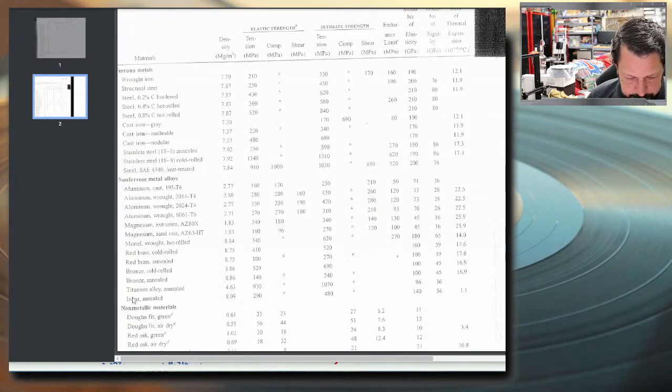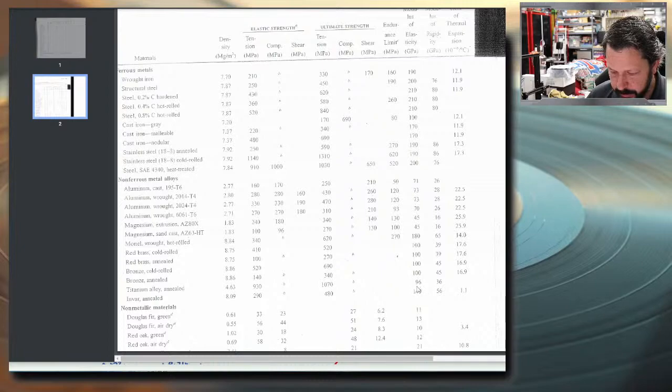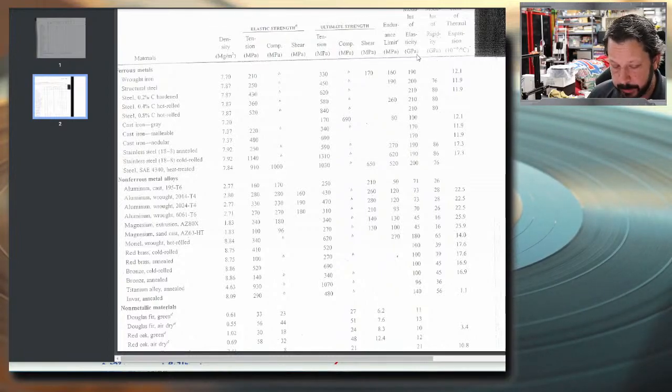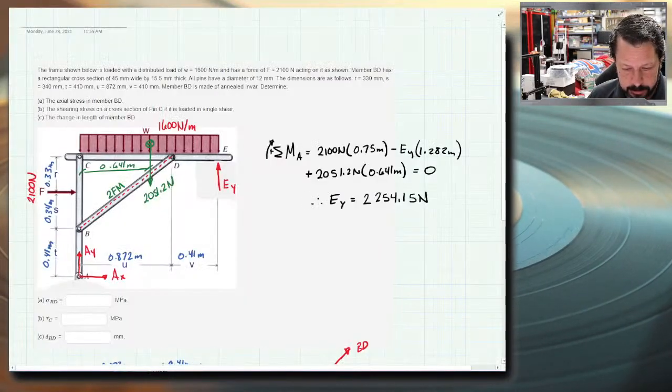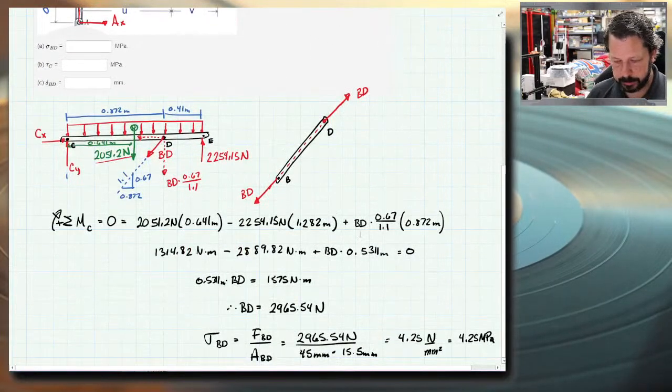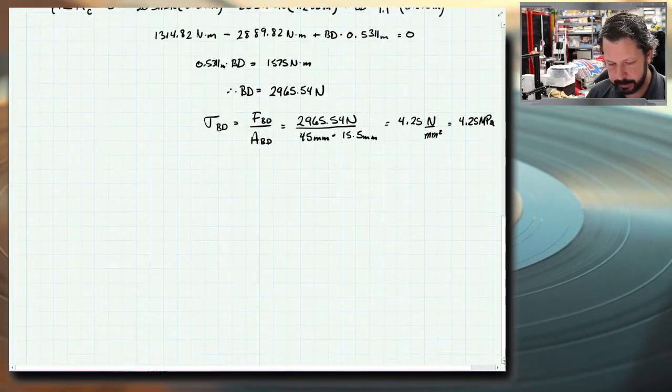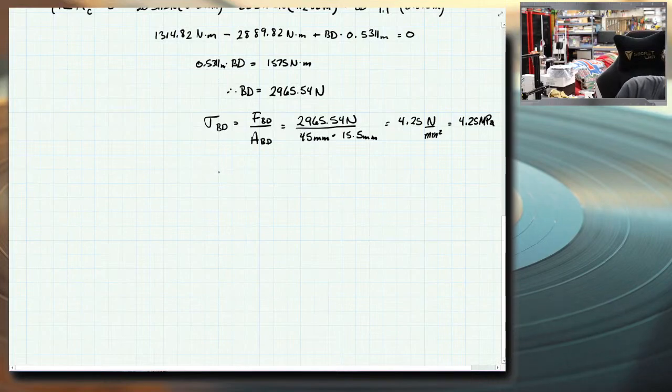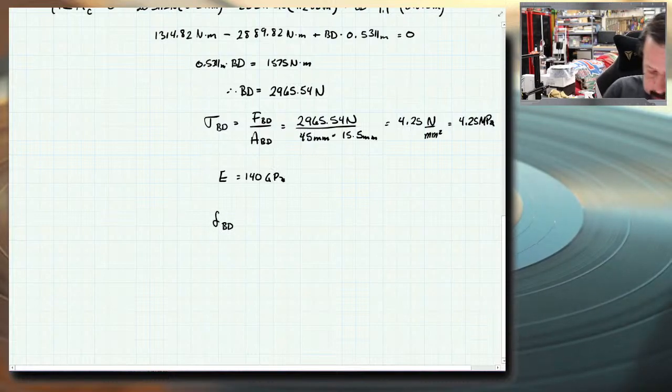Annealed invar down here in the bottom of the non-ferrous metal alloys has a modulus of elasticity 140. The units on that are gigapascals. So let's use that and figure out our change in length. So E is 140 gigapascals. We want to know delta of BD, so the change in length.